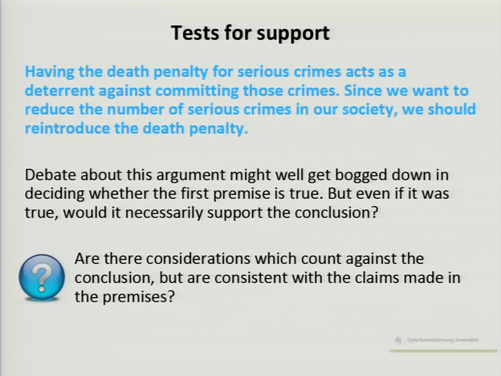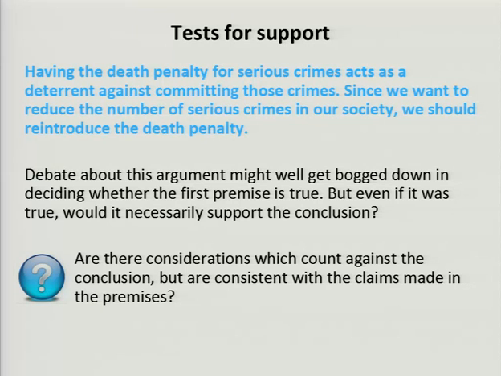But if we assume that it is actually true, very well proven, very well established, that the death penalty does act as a deterrent against committing certain serious crimes, would that be enough to make us accept the conclusion? So is there anything you can think of that would be consistent with that first claim, but would still count against the conclusion? If yes, then this is not a valid argument. So can you think of anything?